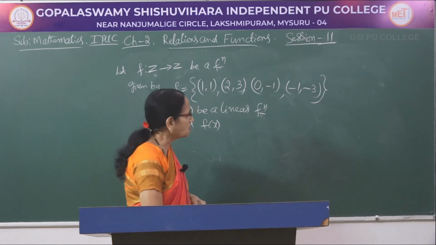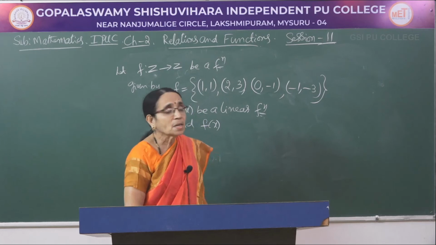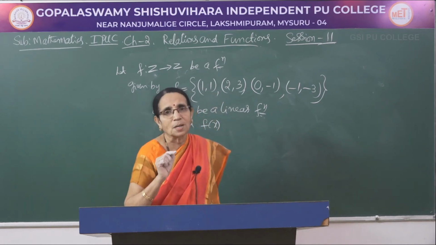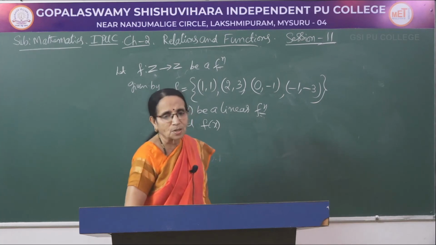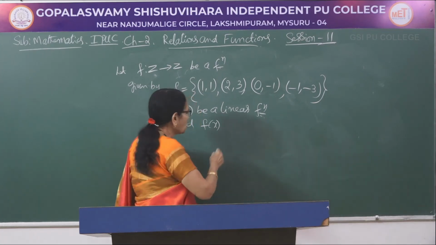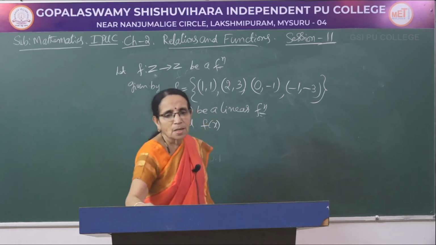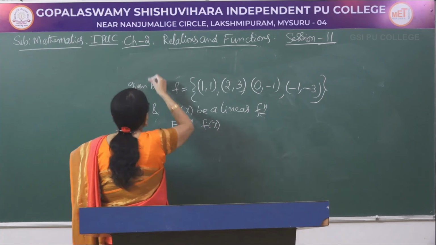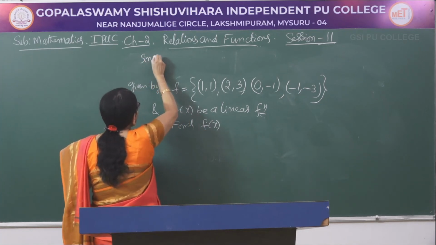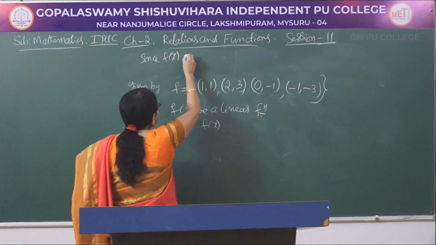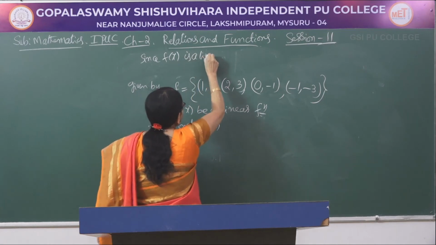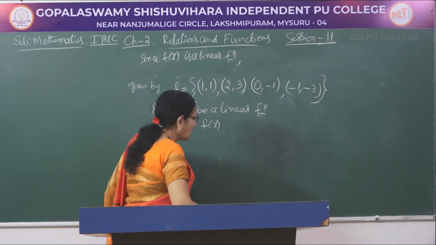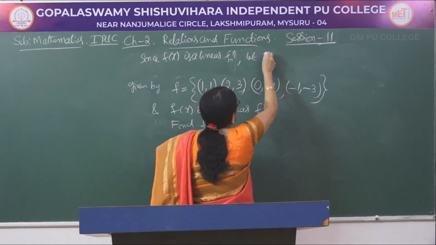You might have learnt in high school classes, linear function means when you draw the graph, usually you write y equal to mx plus c. That is called a linear function. Now, first you write like this. Any linear function, first write like this: since f of x is a linear function, I am taking it like this.